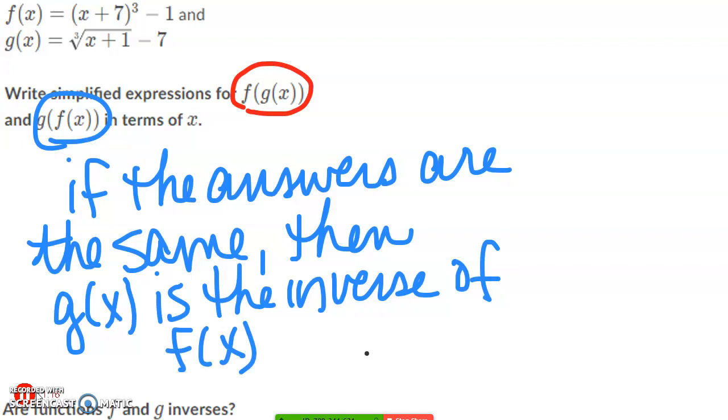Okay? So what we're going to do is we're going to find both of these and see if they're the same, which you already do know how to do. So I'm going to find f of g of x. Okay.